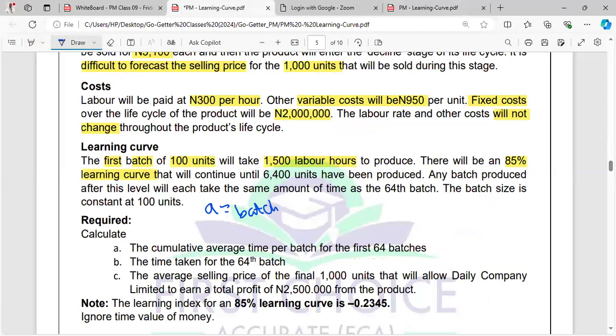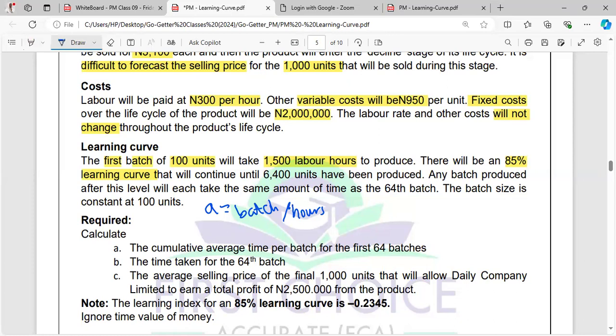One batch is taking us 1,500 hours to make. There is going to be an 85% learning curve.